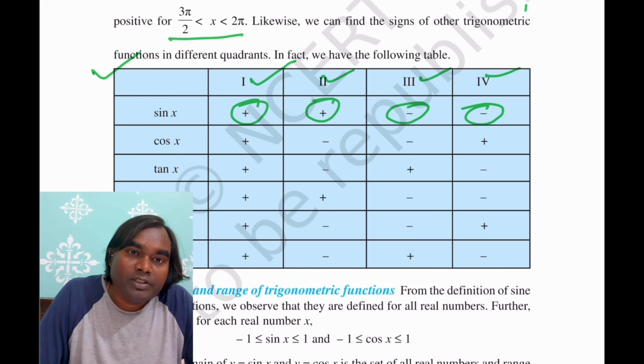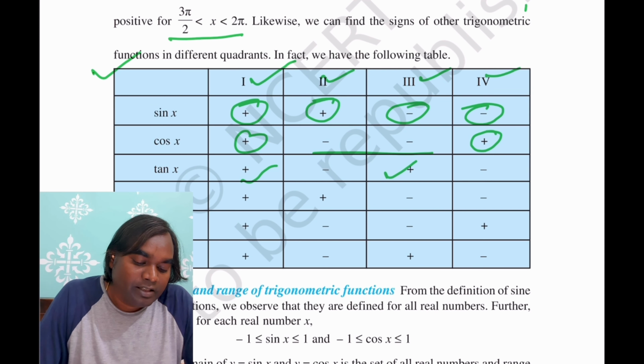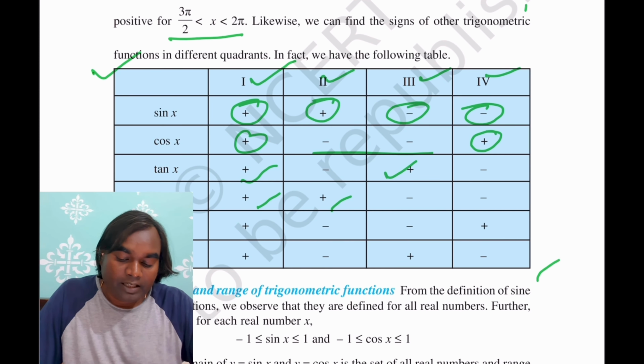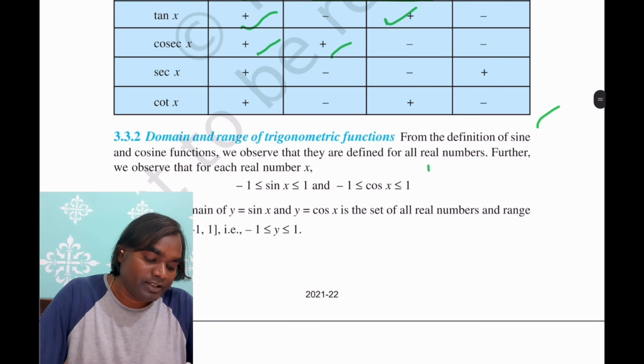Cos x is positive for the first and fourth quadrant and negative for the second and third. Similarly, tan x is positive for the first quadrant and third quadrant, and cosec x is positive for the first quadrant and second quadrant. So similarly you can check for the other trigonometric functions.